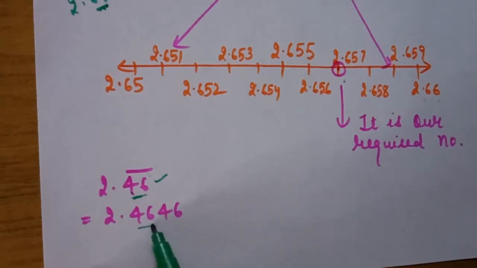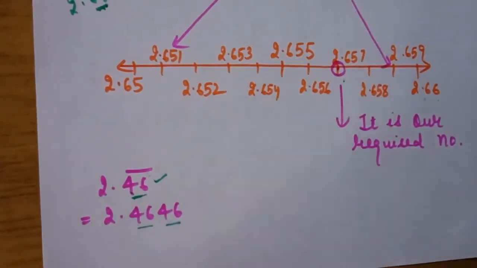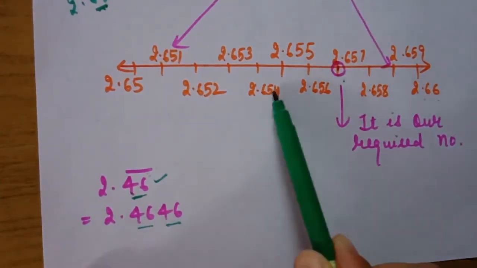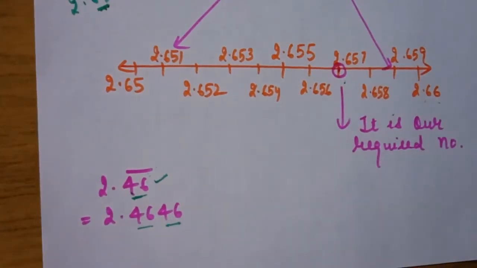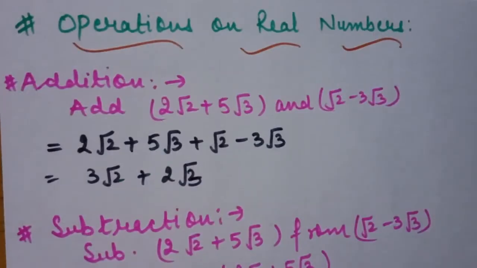So we will take the 2 digits which are repeating under the bar, and then we will draw that number. We will magnify this part one more time, and then we will get our answer. So students, now we have learned about the process of successive magnification.